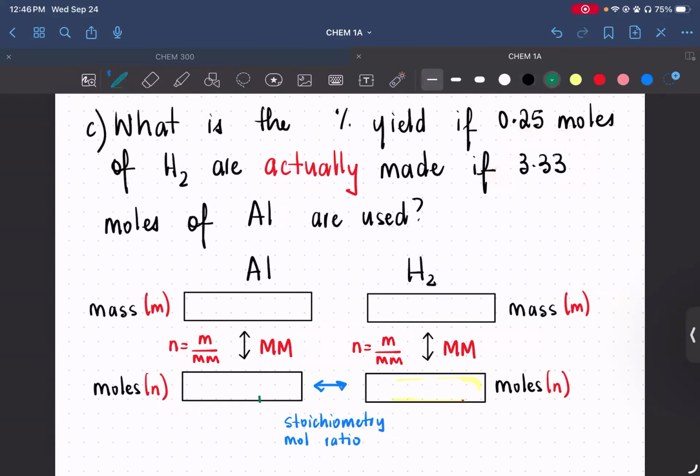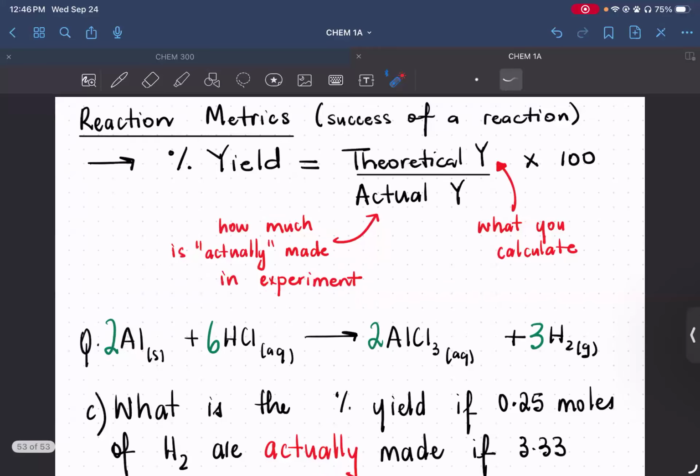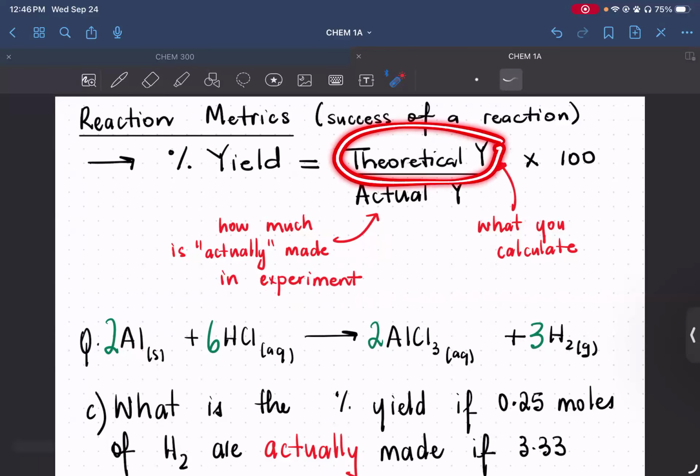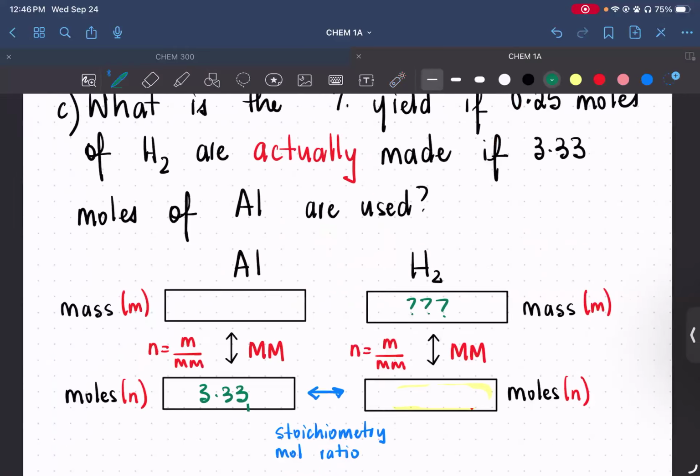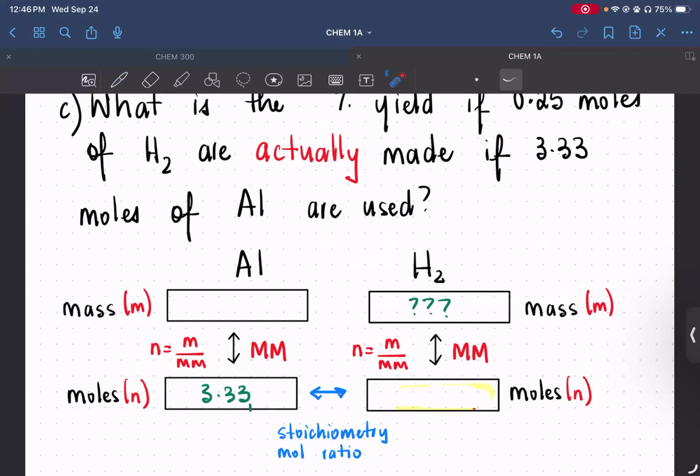So we plug that in, 3.3. To get the percent yield, we need the theoretical yield. In other words, we need to know, in theory, how much hydrogen will we make based on 3.3 moles of aluminum. The path ahead becomes clear. We're going to go from moles of aluminum using stoichiometry to moles of hydrogen, and then moles of hydrogen to mass of hydrogen.